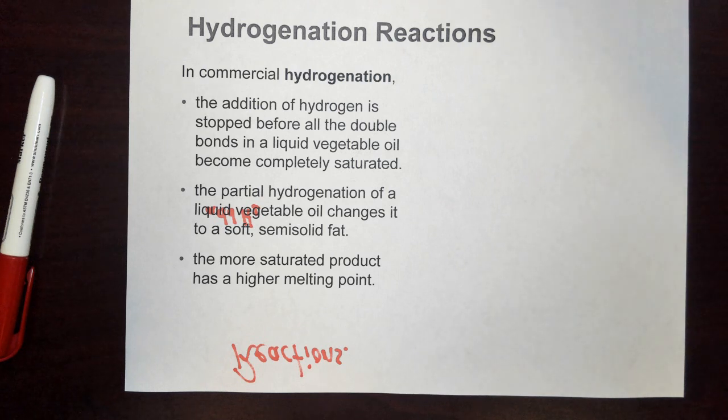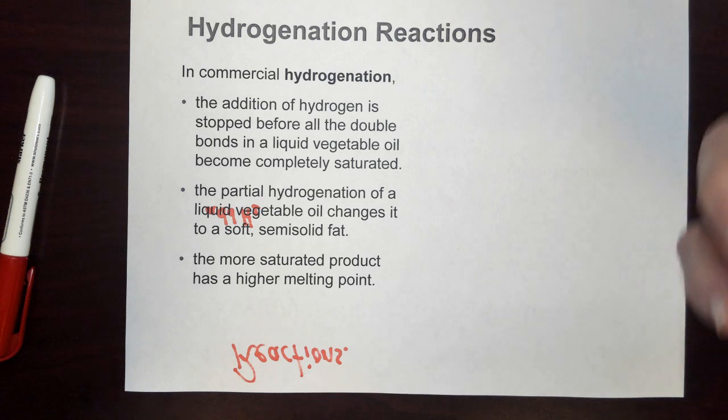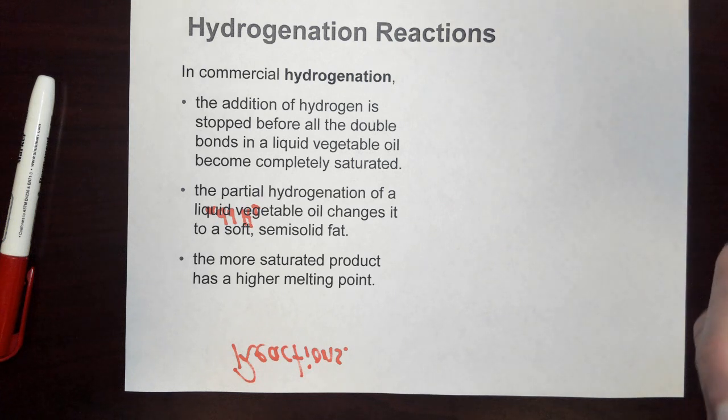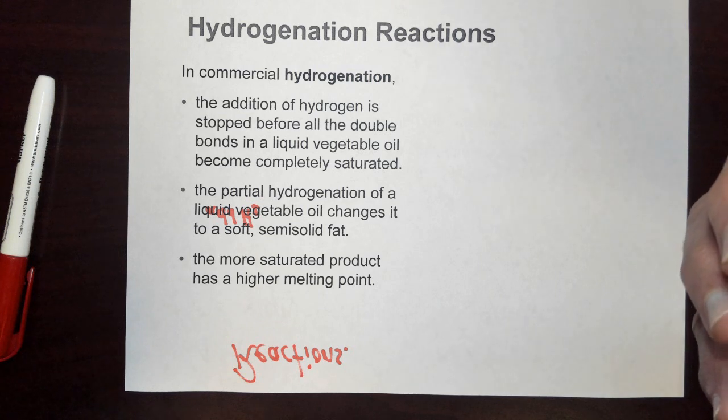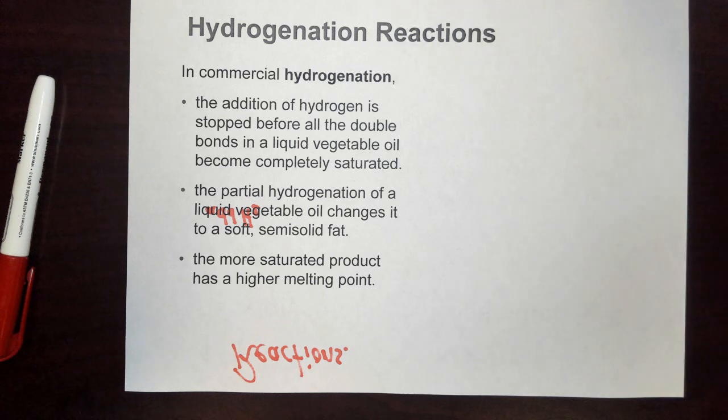They don't let them go completely saturated. What that does is it makes it a thicker, more solid, almost what you would call a semi-solid product that you can mold into the sticks of margarine or shortening like Crisco, or in the bowls or tubs of margarine that you see in the grocery store.